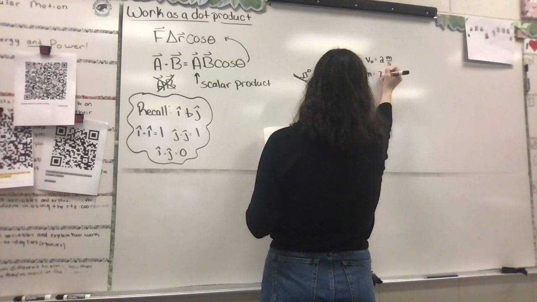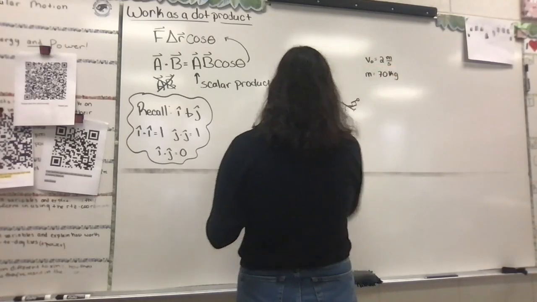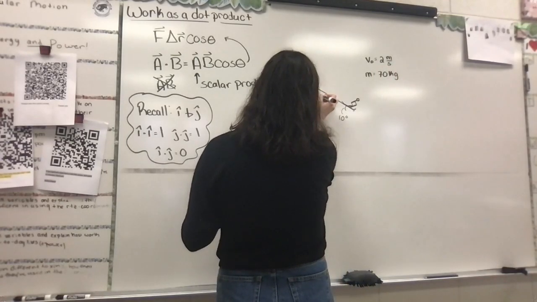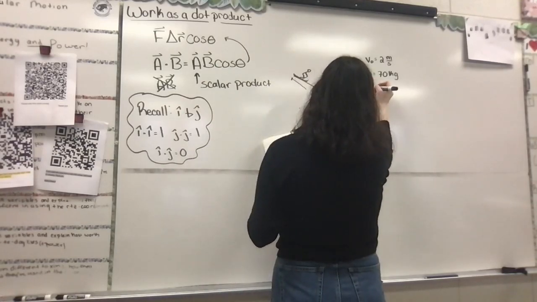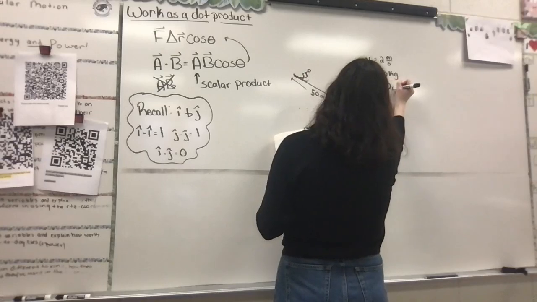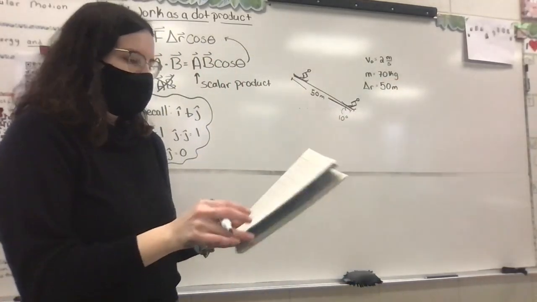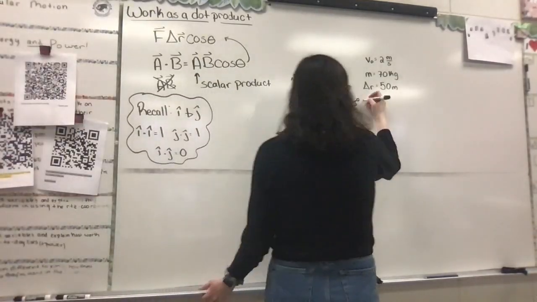This person has a mass of 70 kilograms, and overall, they're going a distance of 50 meters. So we'll call that delta R, 50 meters. And we want to know what is the speed at the bottom.